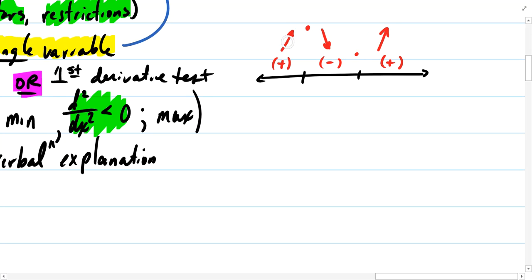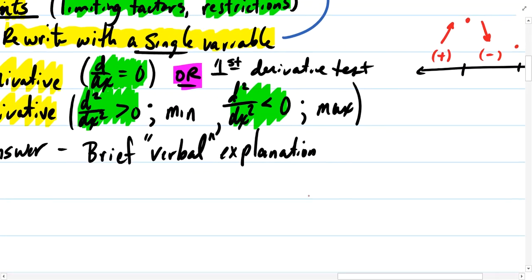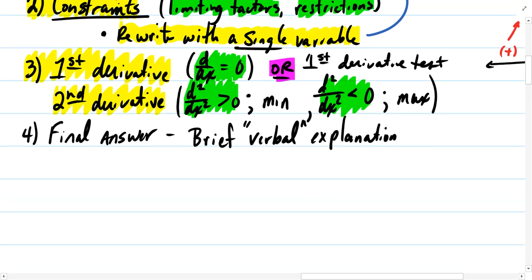So when we switch from a positive first derivative to a negative first derivative, as long as this critical point had a derivative equal to 0, then we found ourselves a maximum point. And when we switch from negative to positive, we found ourselves a minimum point. So in place of the second derivative calculation, if it would be easier to complete a first derivative test with test points, that would be fine as well.